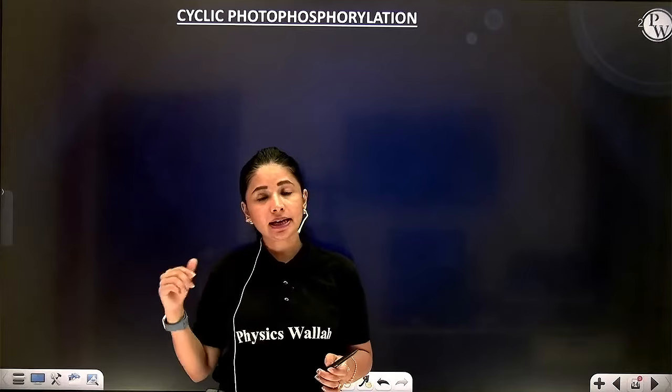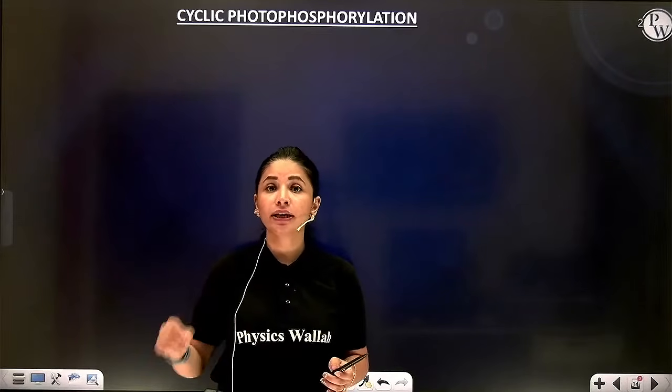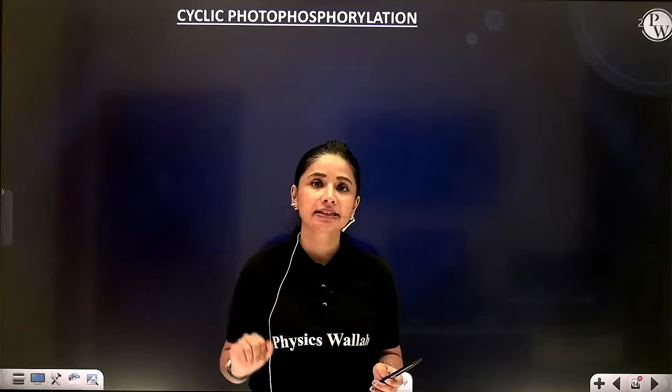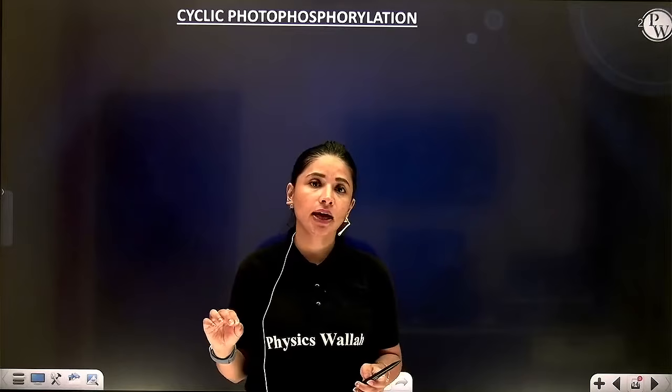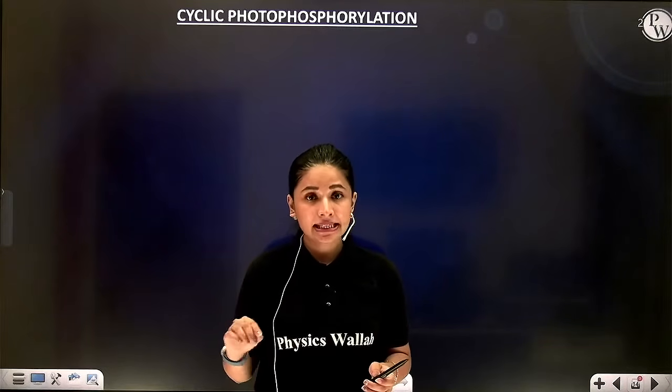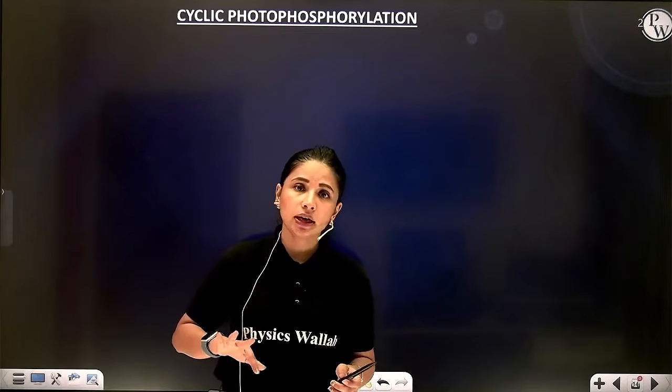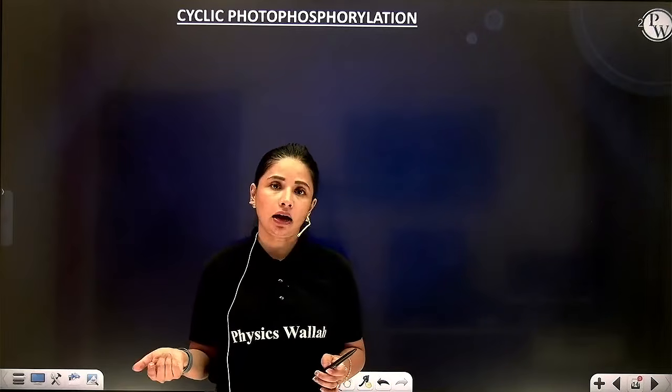Second, in cyclic photophosphorylation, only one energy intermediate, that is ATP, is synthesized. There is no synthesis of NADPH2. Hence, again, it becomes of less importance as both NADPH and ATP are required for dark reaction.